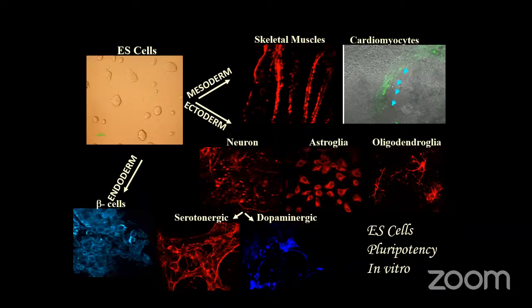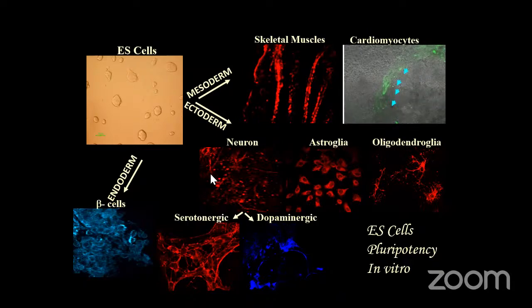Then what triggers them to become nerve cells or cardiomyocytes or pancreatic beta cells? What are the key genetic components, the machinery available there, the epigenetic machinery, and how we can trigger or direct the system so that we can get the cells of our interest abundantly, which can have possible downstream implication in cell replacement therapy.